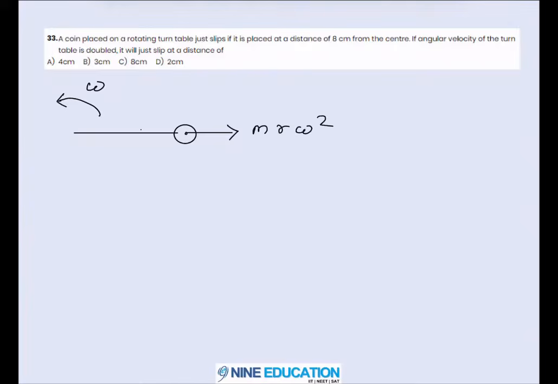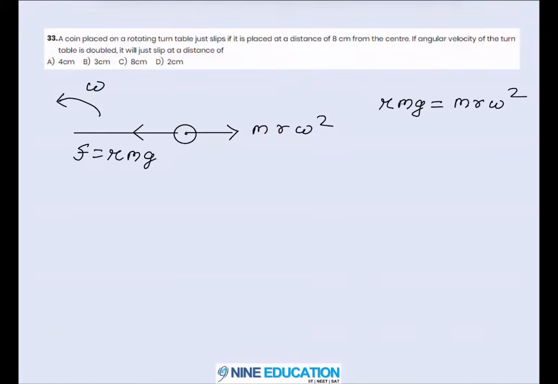And as we are talking about the critical condition, it is quite obvious that the limiting friction will be acting over here. And what is the value of the limiting friction? The value of the limiting friction will be mu into N, which I will write directly as mu into mg. Now, as the coin is in equilibrium in the radial direction, I can directly write mu mg is equal to m r omega square.